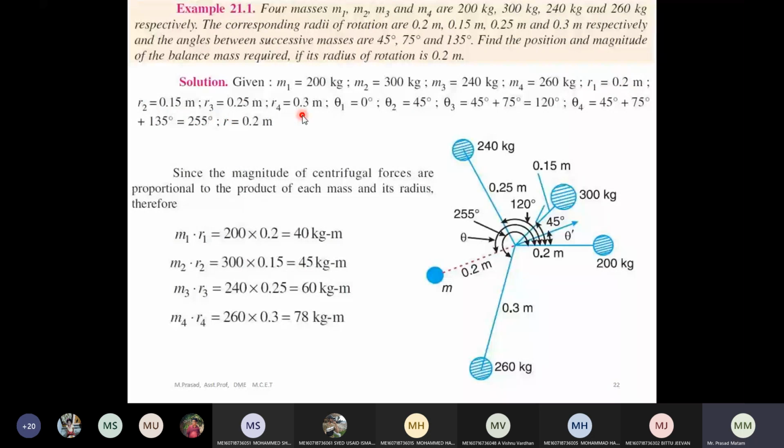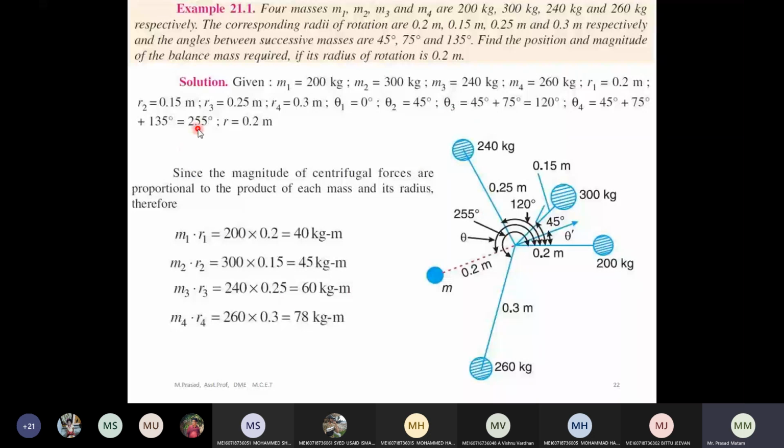And the angles made by the masses: the first mass, 200 kg, makes an angle of 0 degrees. The second mass makes an angle of 45 degrees. The third mass makes an angle of 45 plus 75, that is 120 degrees. And the fourth mass makes an angle of 45 plus 75 plus 135, which comes to around 255 degrees.